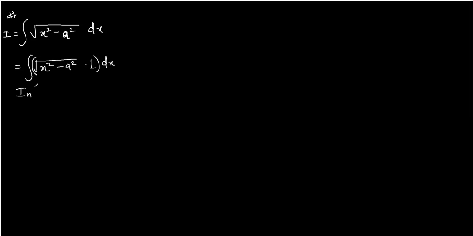When you integrate by parts, only the second factor is integrated. The first one is multiplied as it is, and in the next term it is differentiated and multiplied with the integral of 1 dx.